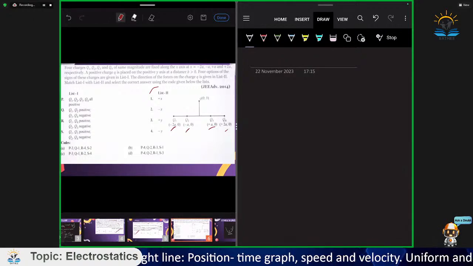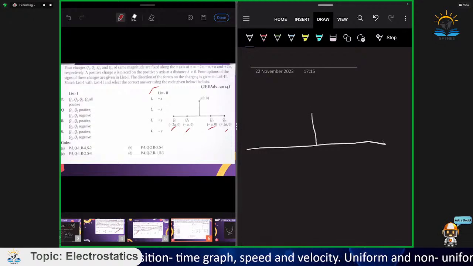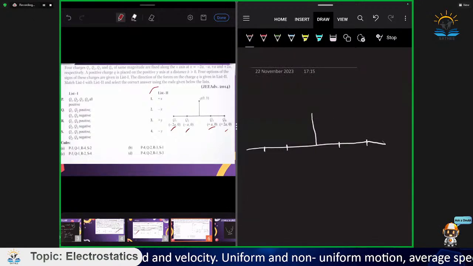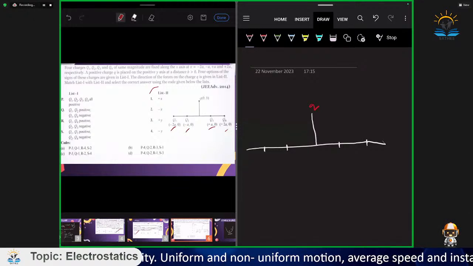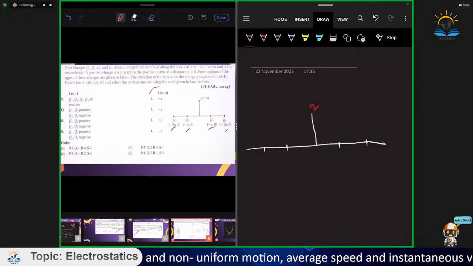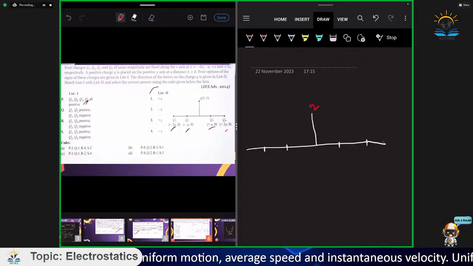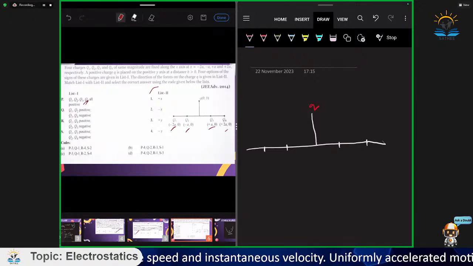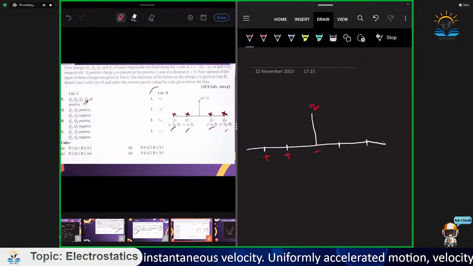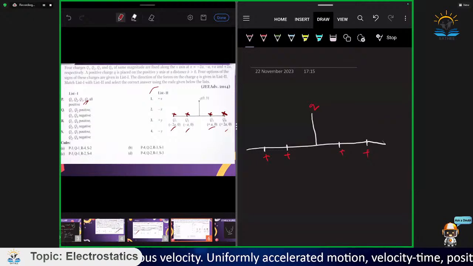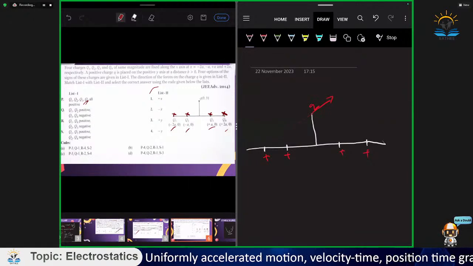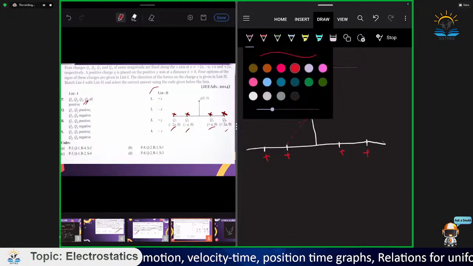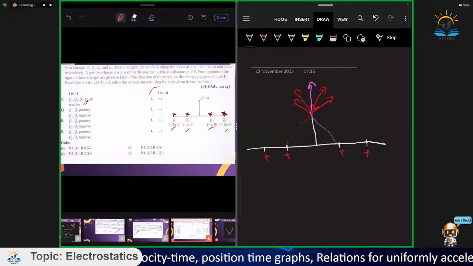See the first option. If Q1, Q2, Q3, Q4 are all positive, then this will repel, this will also repel.